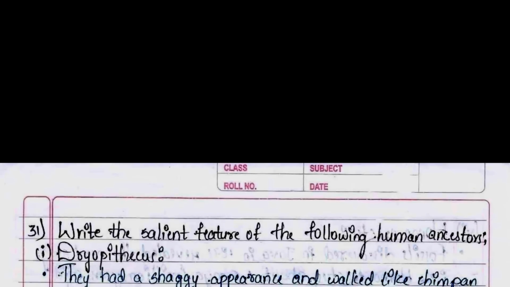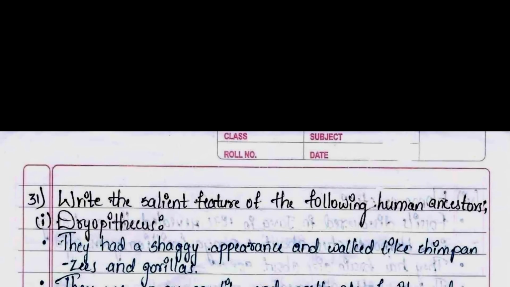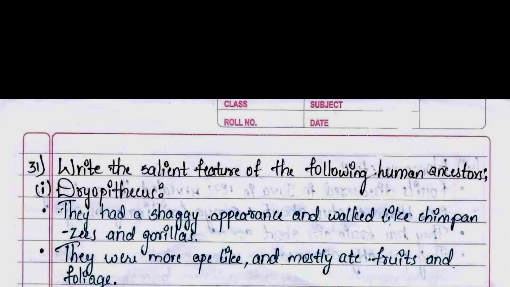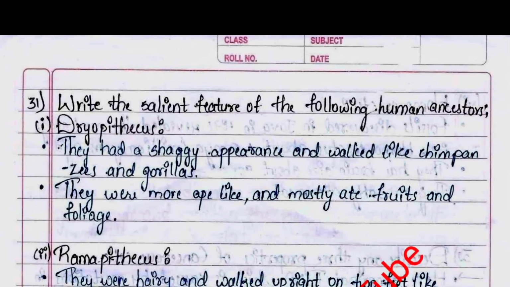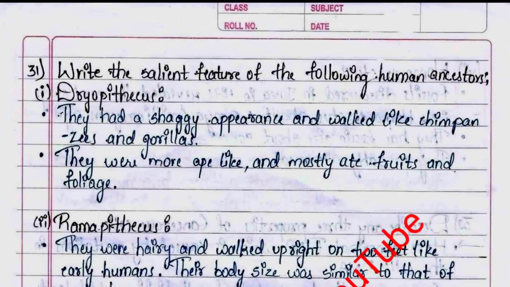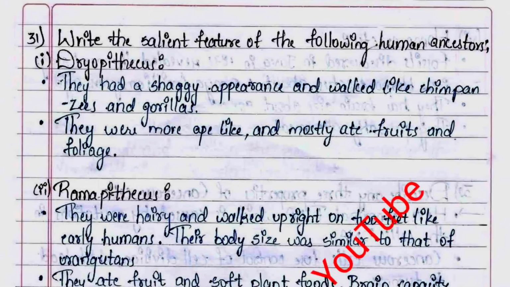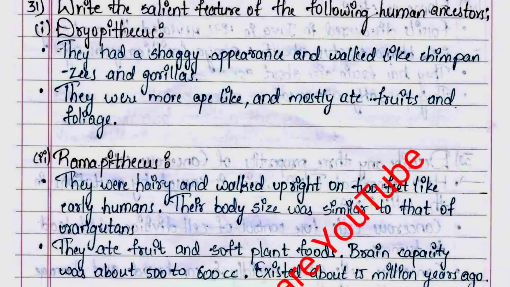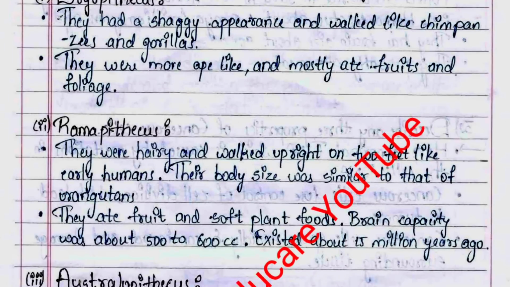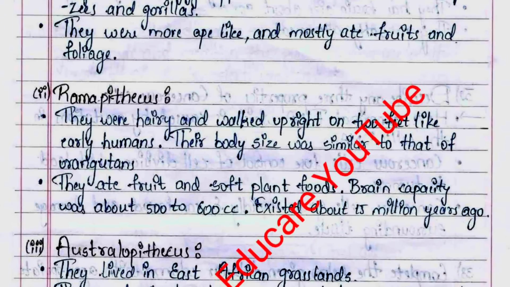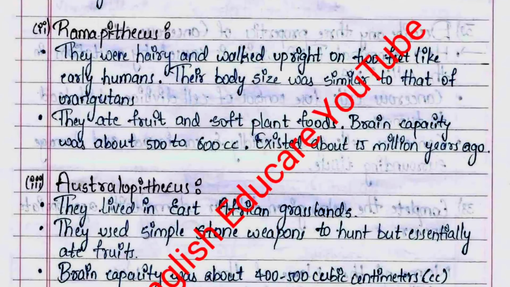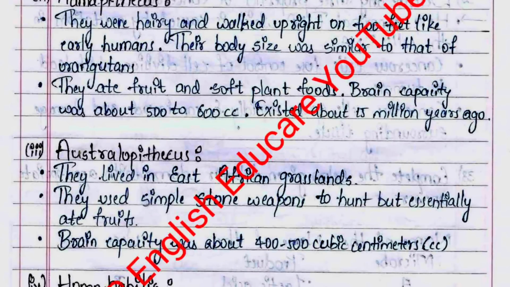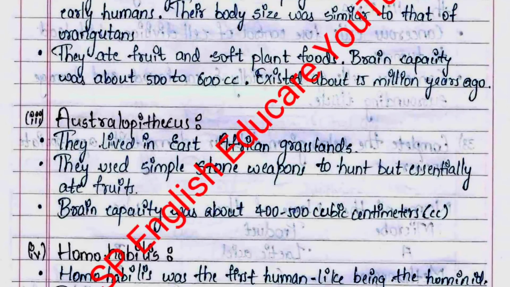Write the salient feature of the following human ancestors. First, Dryopithecus. Second, Ramapithecus. Third, Australopithecus. Fourth, Homo habilis.